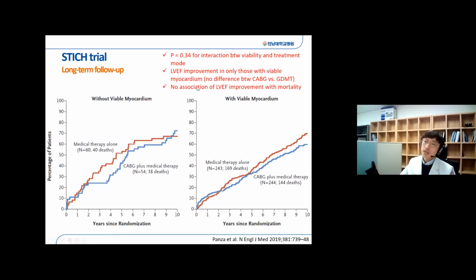Also, the LV ejection fraction improvement was not different between CABG and medical therapy when there was viable myocardium. So viability testing could not prove its value in terms of LV ejection fraction improvement or the patient's prognosis.